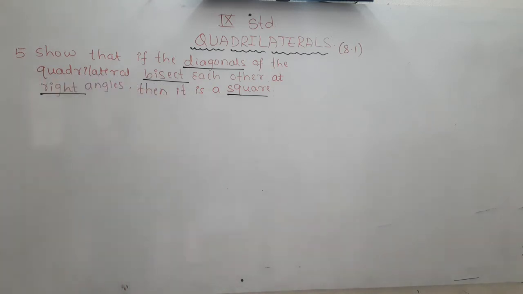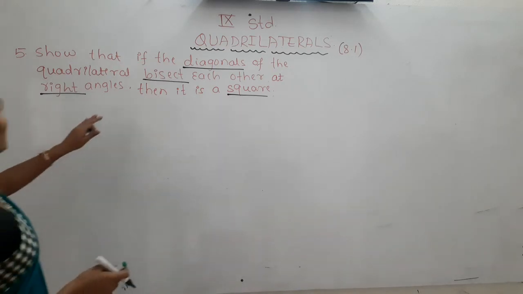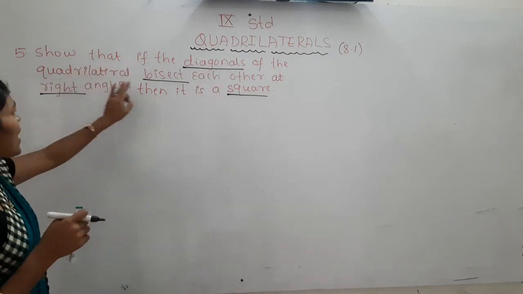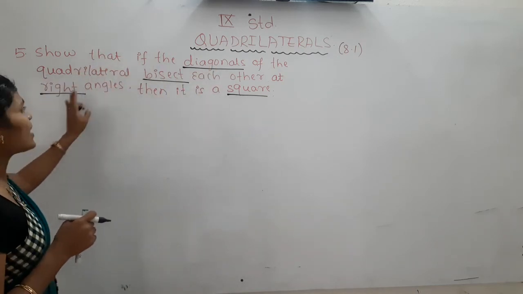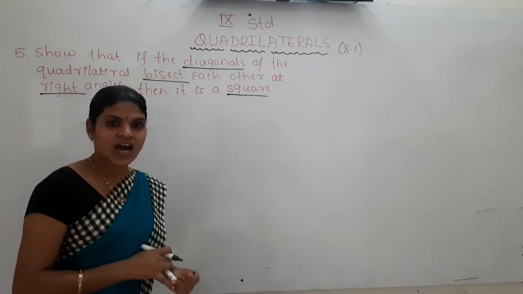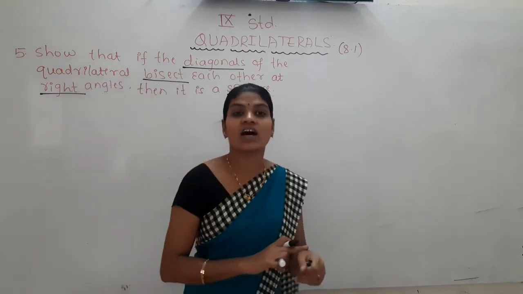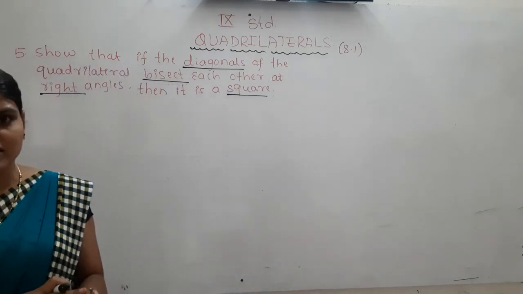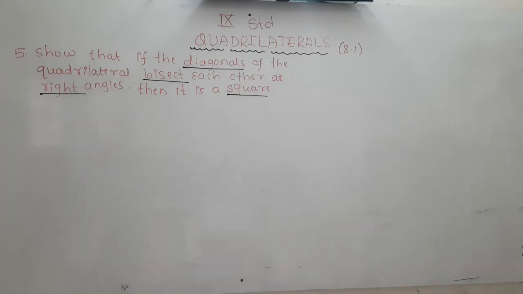It was about proving that the diagonals of a square are equal as well as bisect each other at right angles. He gave that question yesterday.